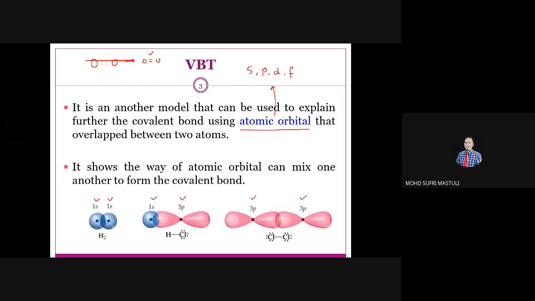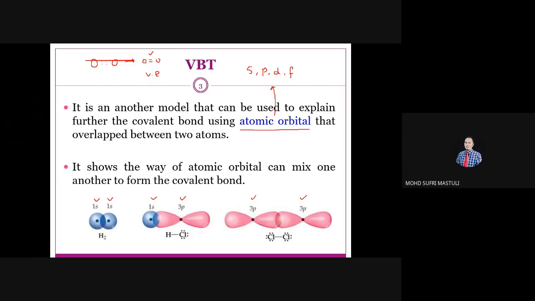In the previous lecture, we didn't care about the orbital. We just cared about the valence electrons, how to distribute the valence electrons in the bonding.